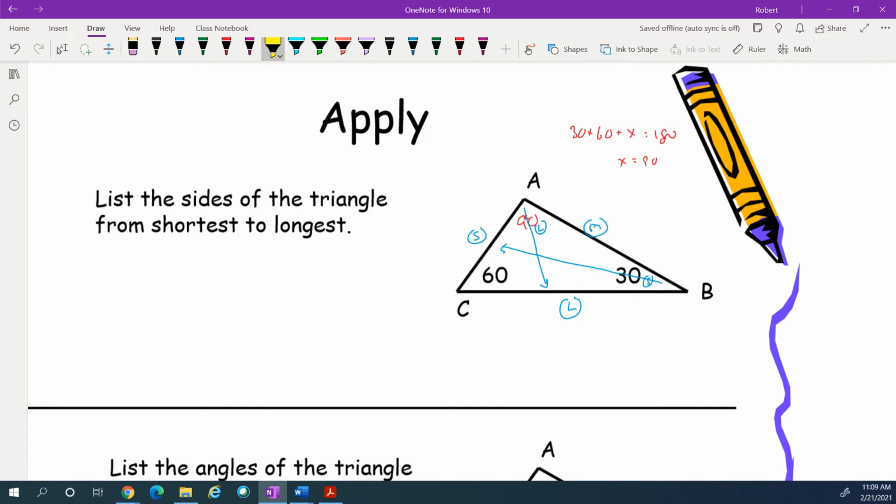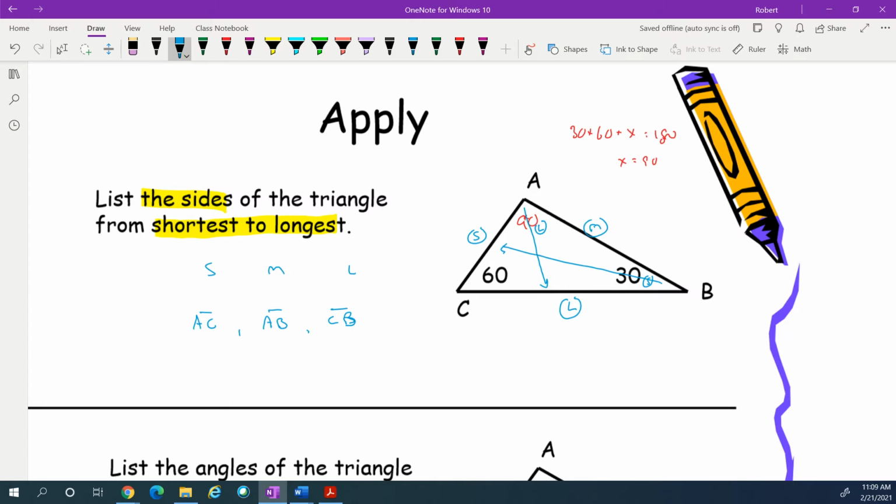We're asked to list the sides from shortest to longest. So we're going to list them small, medium, large. The small is AC. The medium we labeled AB. And the largest side is CB. So we're just putting them in order. We don't know their measurements.